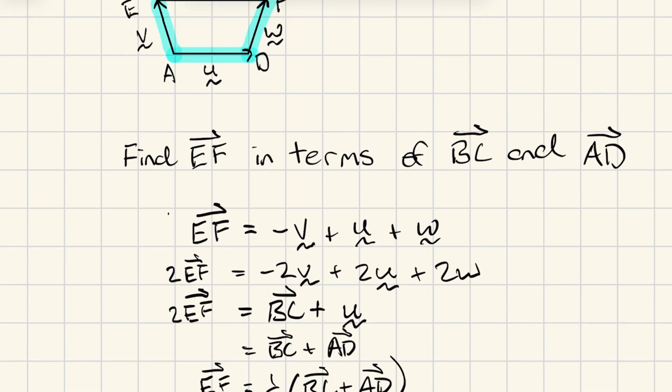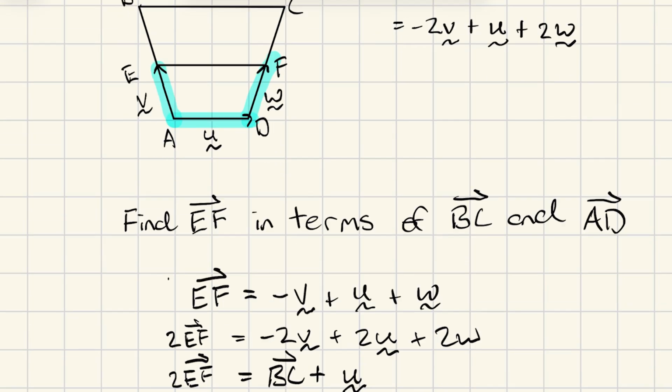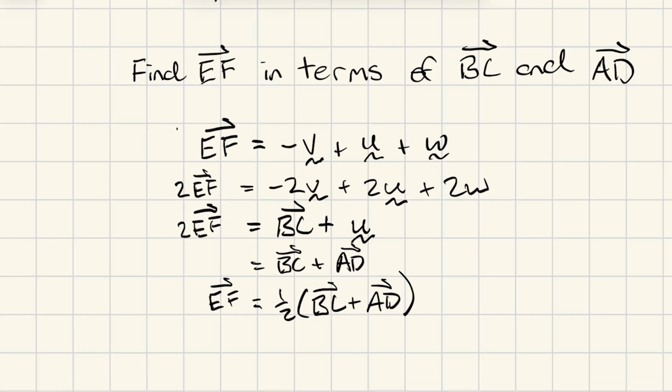Now you can always sanity check, like you can always just look at the diagram and see, does this look roughly right? And it does. If you added BC and AD, you would probably get 2 times the length of EF just by eyeballing it. That's sort of a sanity check you can do. And so this is the answer.